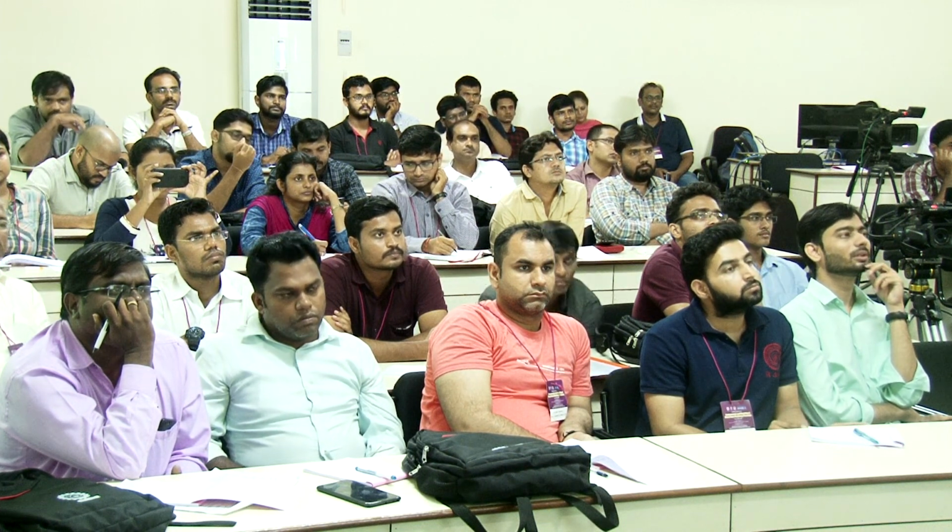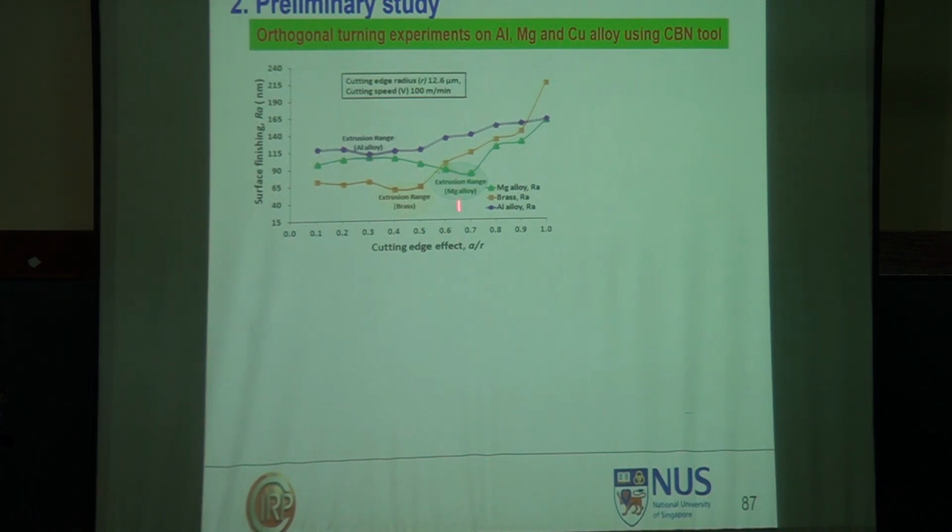So the material hardness, critical A by R is 0.7 for magnesium alloy, softest of the lot, and for brass it is around 0.4.